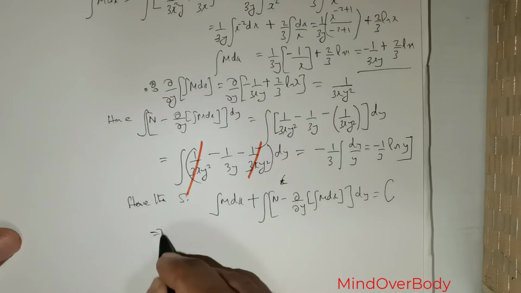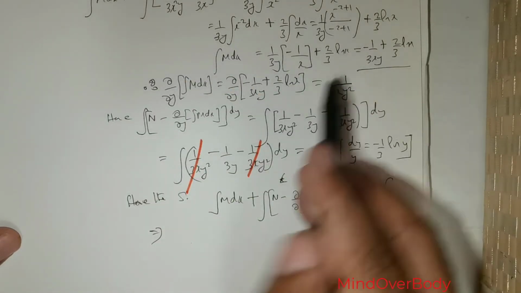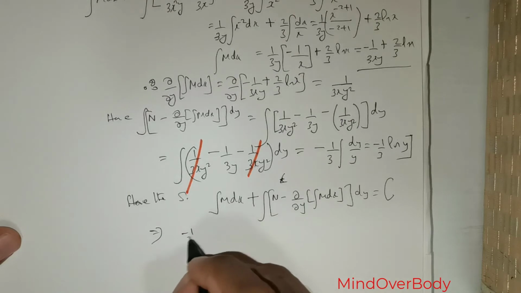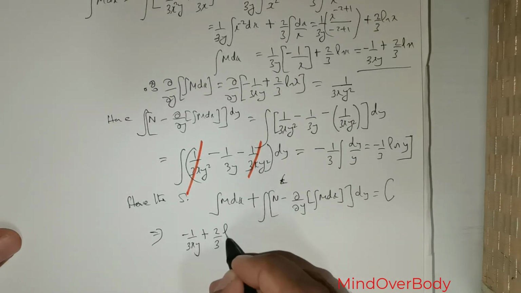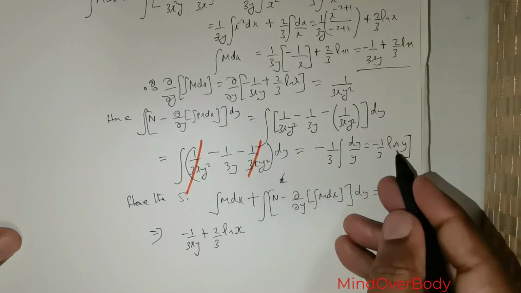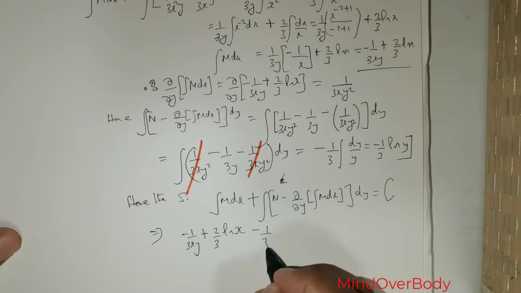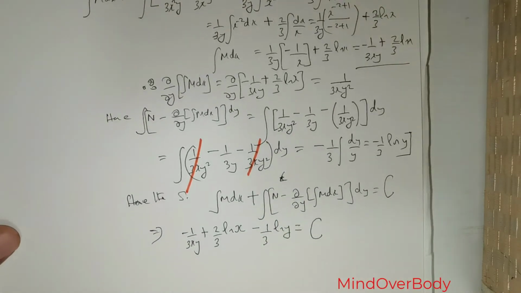So my integral m dx is negative 1 over 3 times xy, positive 2 over 3 times ln x, and this is nothing but this, negative 1 over 3 times ln y is equal to c.